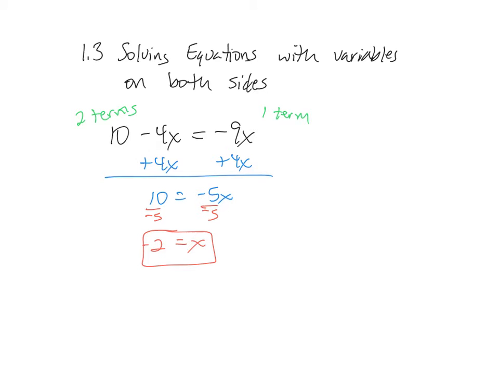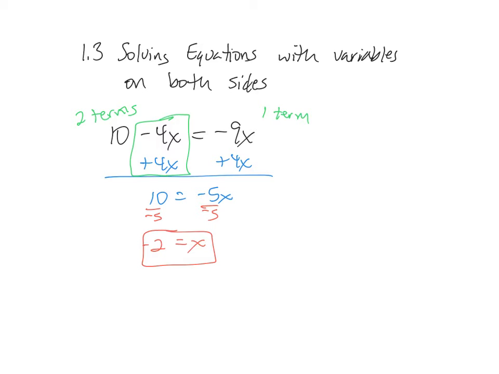Okay, so if there's only one term on one side, if that term's a number, then move the number from the other side over there. And notice when I moved, right here, when I wanted to move the 4 and the x, I used adding or subtracting.